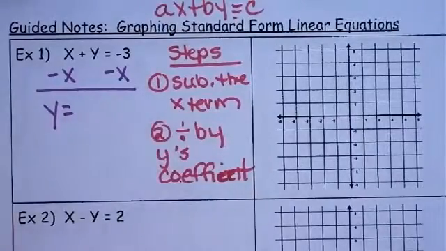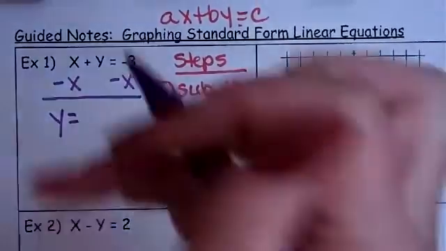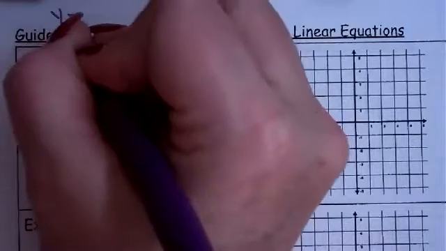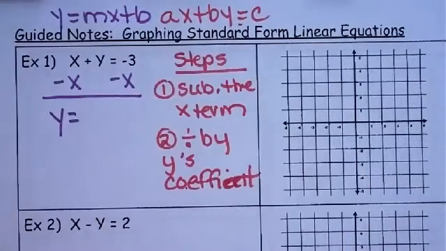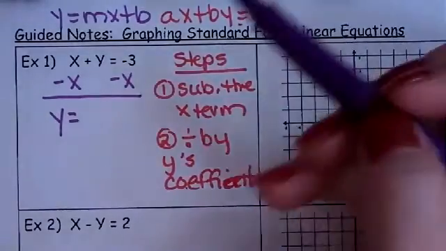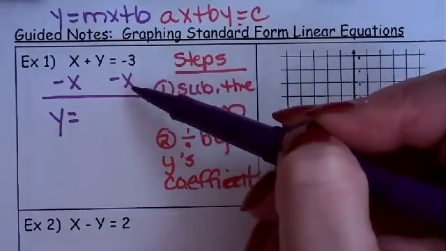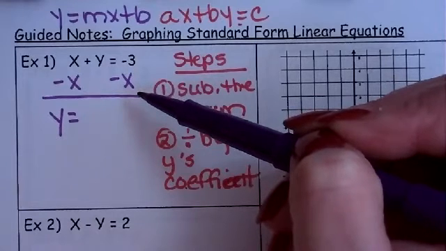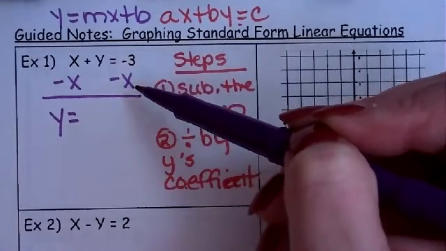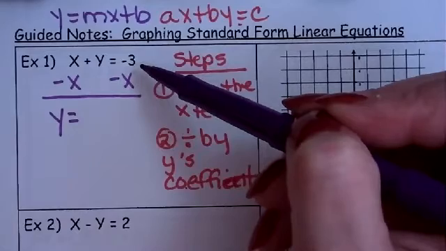Now, I want you to remember something. Again, I'm just going to scribble right up here at the top. We want our work to end up looking like slope-intercept form, y equals mx plus b. Which means the x term needs to come first and the b term needs to go last, okay? So with that said, when I rewrite these two terms, because we know we can't really add them together because they're not like terms, I'm going to make sure the x term goes first and the constant goes last.